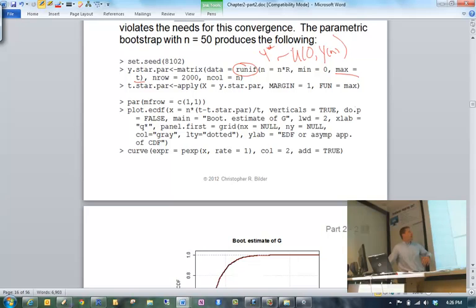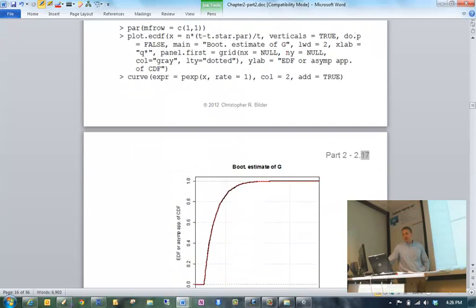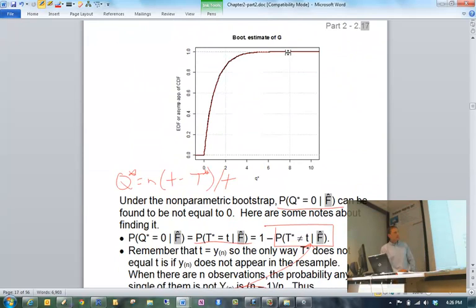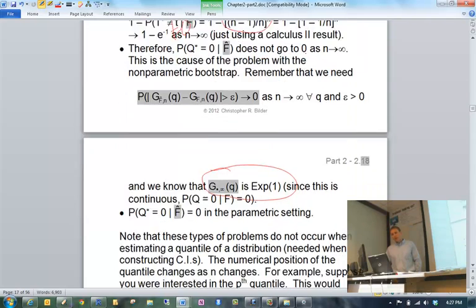And if I find my Q for every single resample, look what happens. Plot exponential 1 in red, and the distribution from the bootstrap for Q star is in black. You can see things are working out. So it does work in this case for the parametric setting.